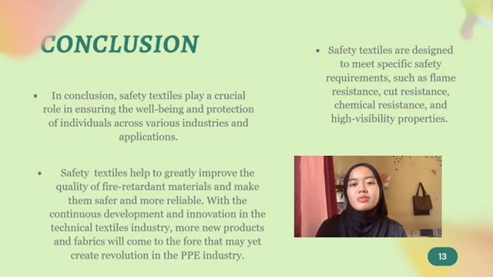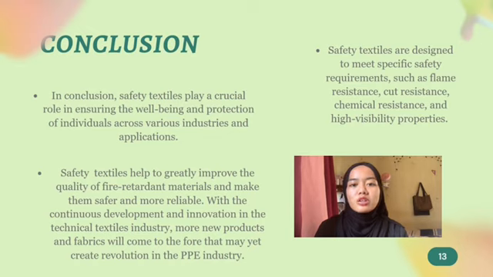In conclusion, based on the topic, safety textile plays a core role in ensuring the well-being and the protection of individuals across various industries and applications. Safety textile helps to greatly improve the quality of the fire retardant materials and make them safer and more reliable.